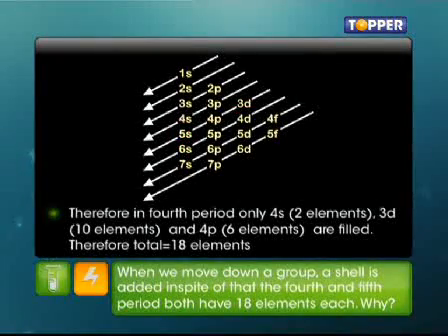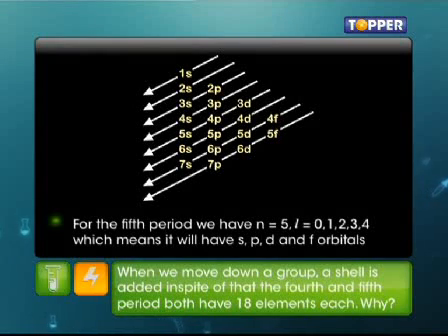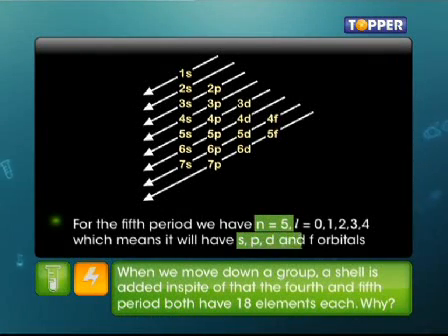The fourth period has 18 elements and the orbitals used are 4s with 2 elements, 3d with 10 elements and 4p with 6 elements. For the fifth period, we have n is equal to 5, which means it will have s, p, d and f orbitals.